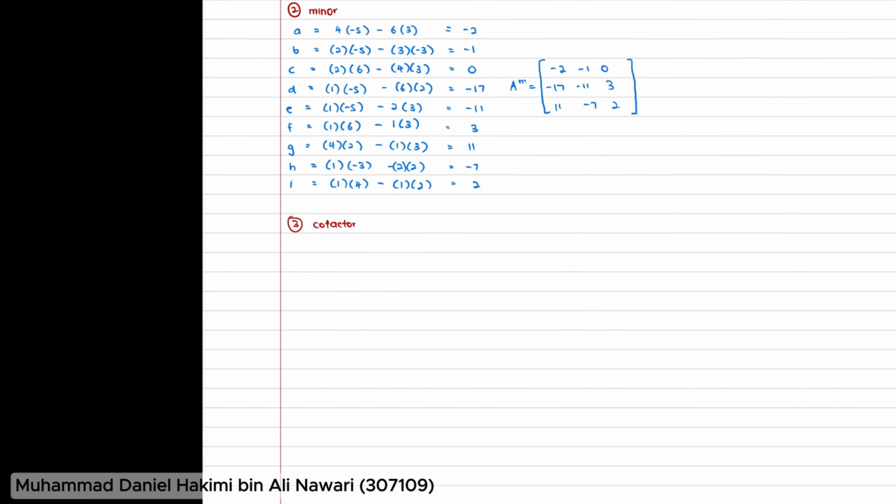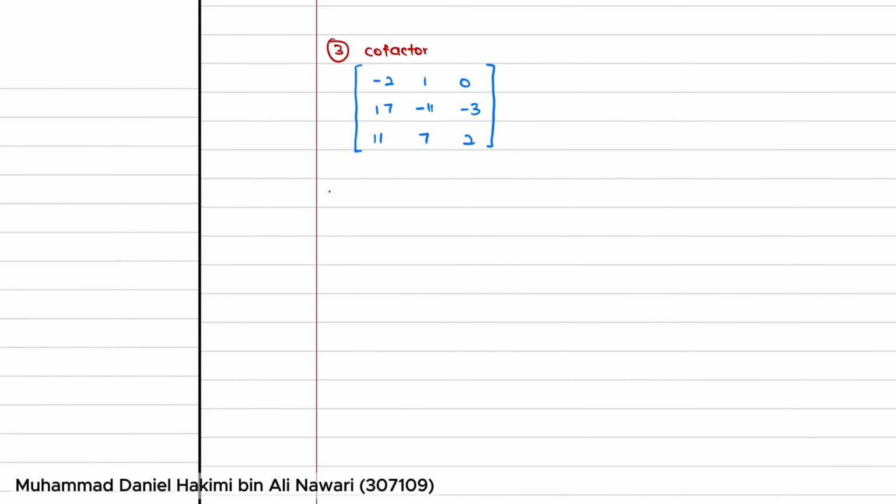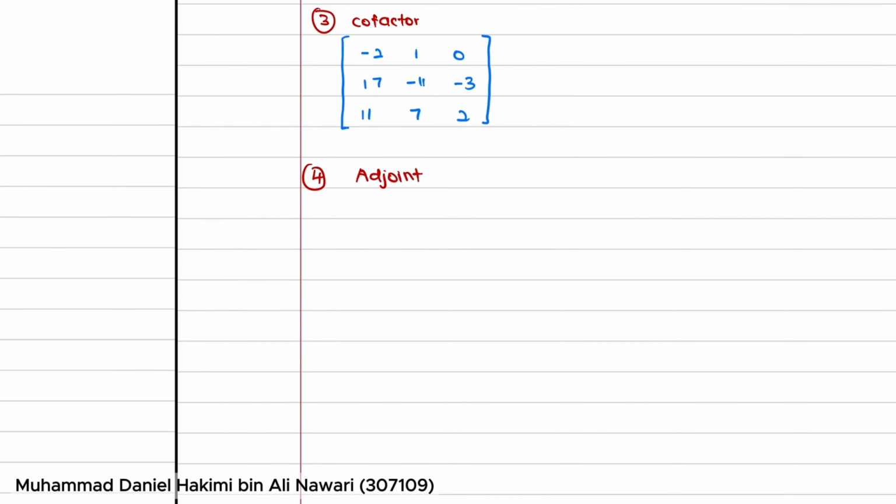So the cofactor will be, and then the fourth one, we're gonna do adjoint. Adjoint is basically you just transpose the cofactor, which is -2, 17, 11, 1, -11, 7, and 0, -3, 2.